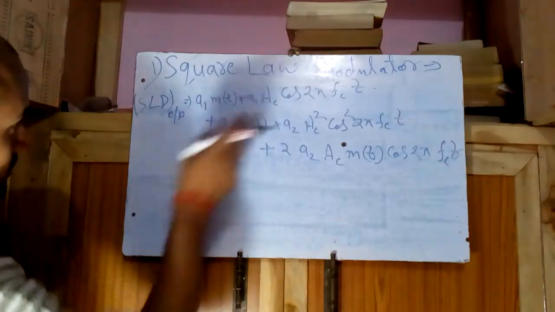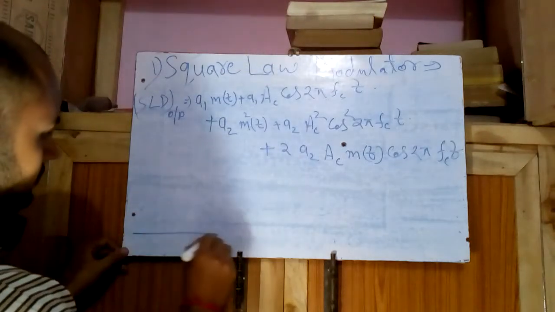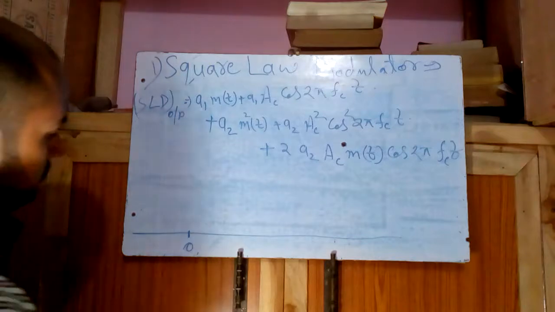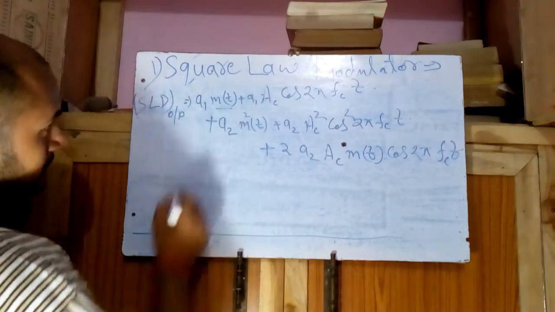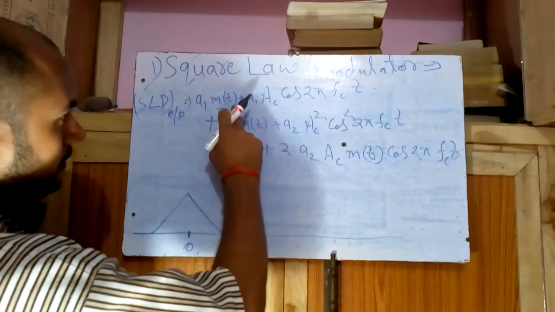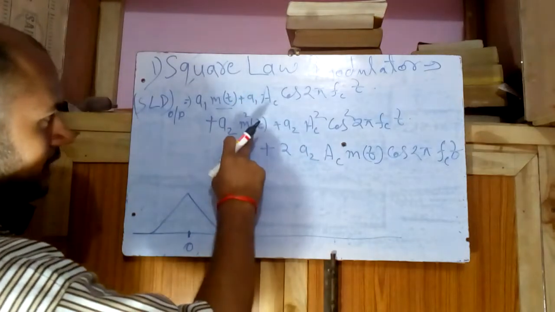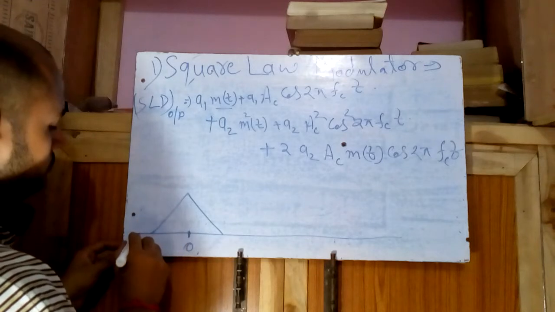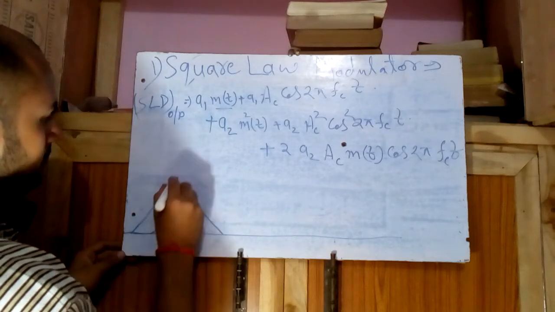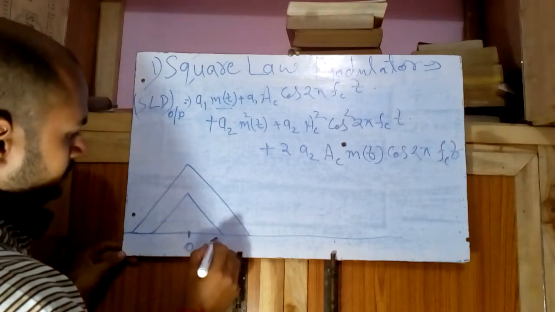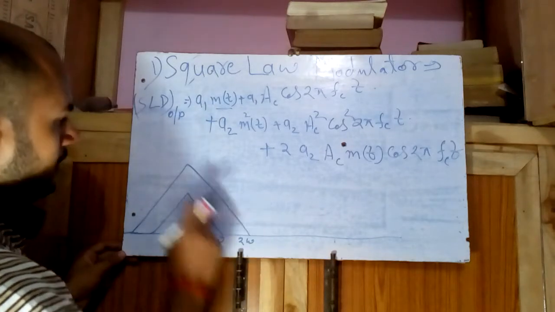What is the spectrum of this signal? At 0, MT. And M square T, that is amplitude of A2 and the range of 2 omega. This is omega, this is 2 omega.